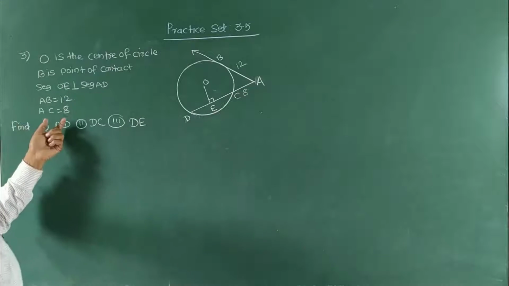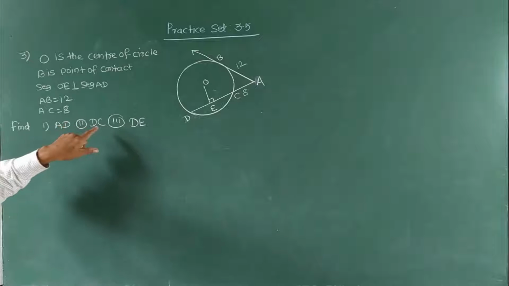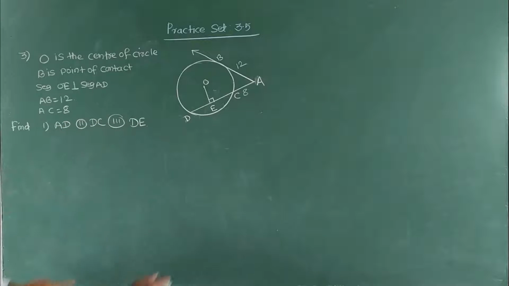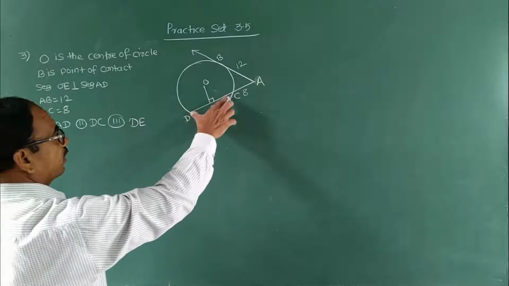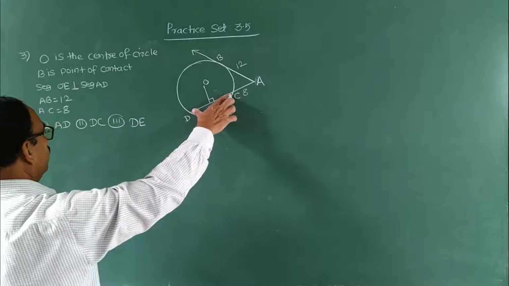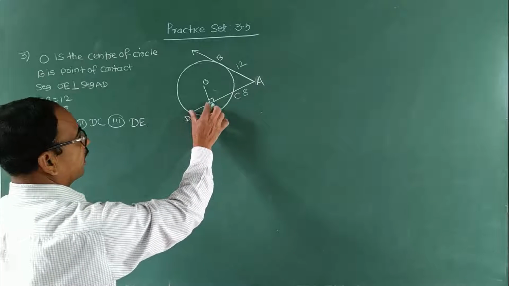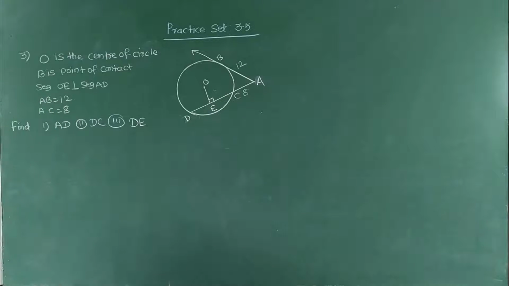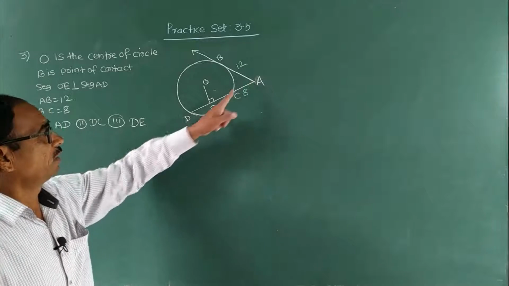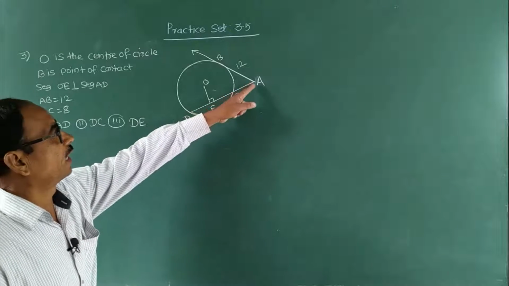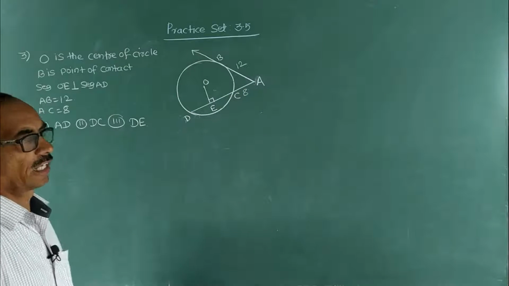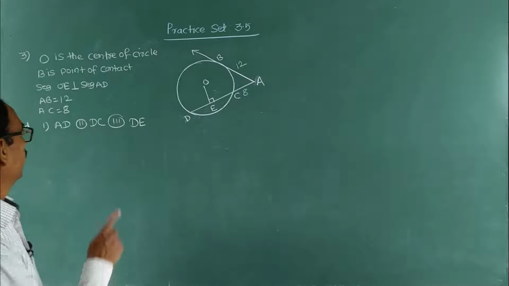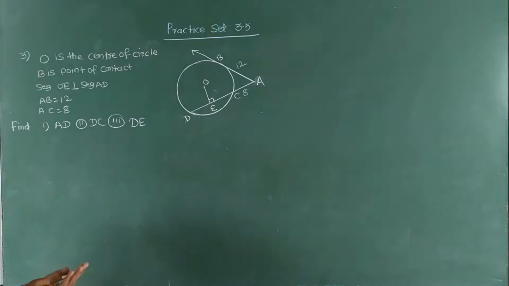And here we have to find out AD, then DC and then DE. आपल्याला AD पूर्ण शोधायची आहे. त्यानंतर आपल्याला DC आतमधली जी कॉर्ड आहे ती शोधायची आहे, आणि DE डिस्टन्स शोधायचं आहे. तर आपल्याला आधी AD सेकंट आहे आणि AB टेंजंट आहे, आणि आपल्याला सेकंट टेंजंट सेगमेंट प्रॉपर्टीनं सुरुवातीला हे गणित सोडवण्यासाठी सुरुवात करावी लागेल.